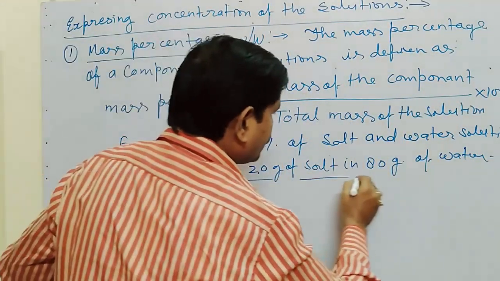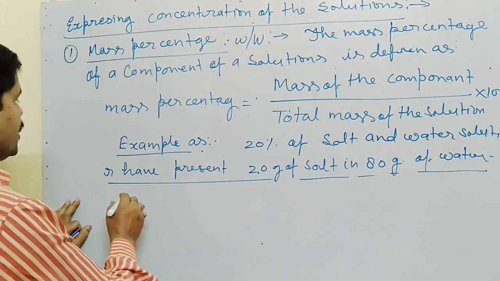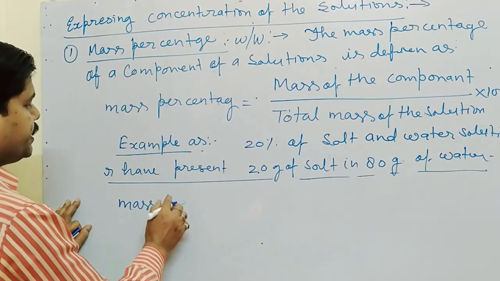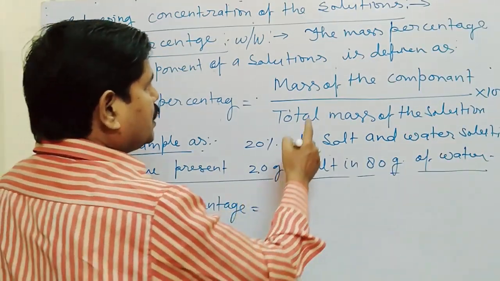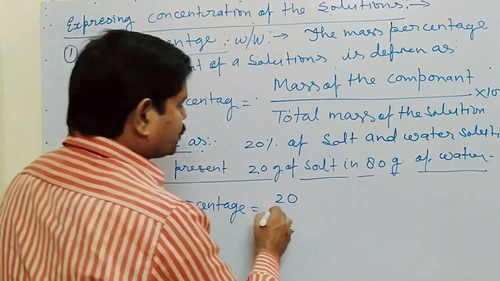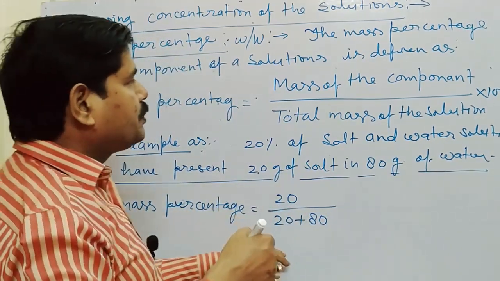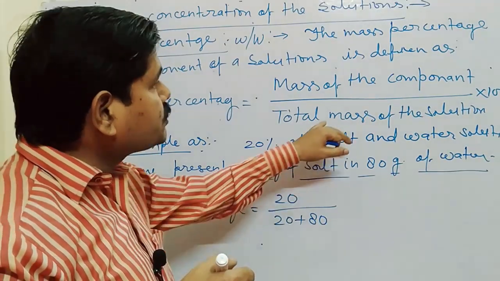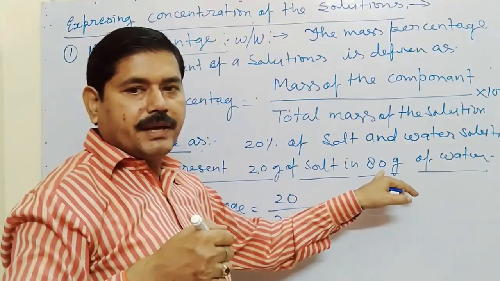In this question we find out the mass percentage. It is equal to the mass of the component, which is 20 gram, upon the total mass of the solution, 20 plus 80, because in this solution the solute is 20 gram and the solvent is 80 gram.